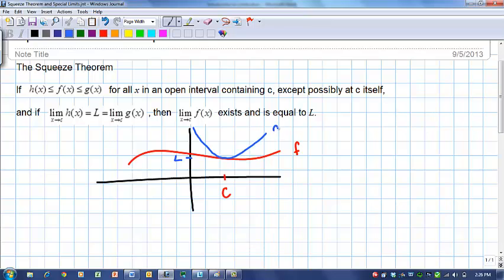This would be like, for example, my g of x, and then down here would be my h of x, and we can see that f is between these two, and the limit of g of x and h of x are both the same, then that forces f of x to also have the same limit. So that's what the squeeze theorem is telling us.